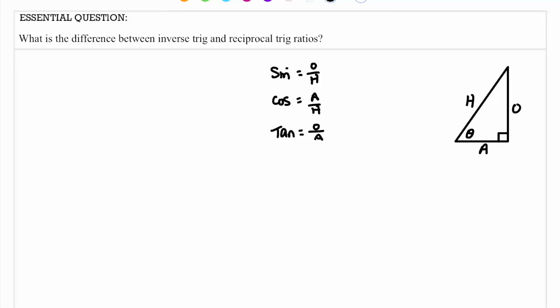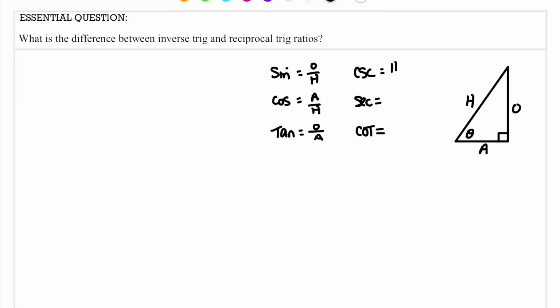But then reciprocal ratios, that's where we get into cosecant, secant, and cotangent. These are the reciprocals. So cosecant, secant, and cotangent just reverse the ratio.